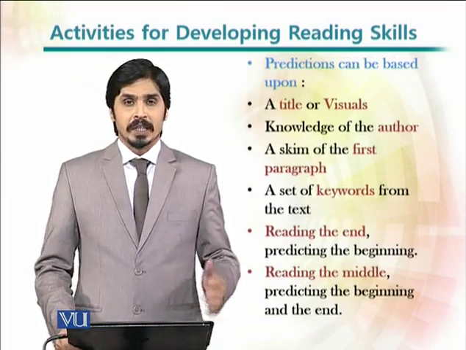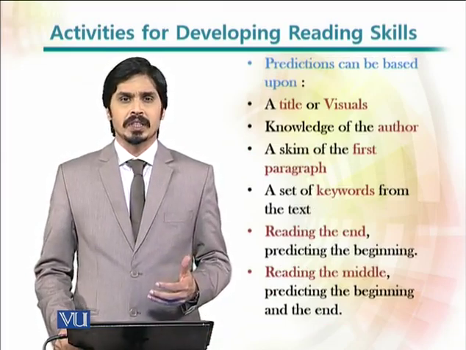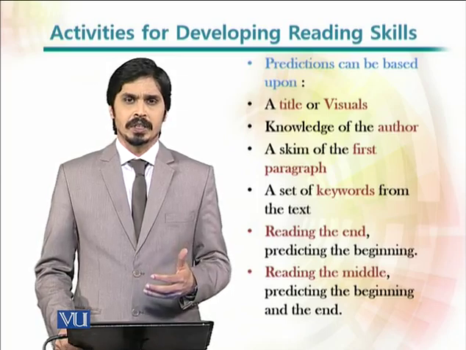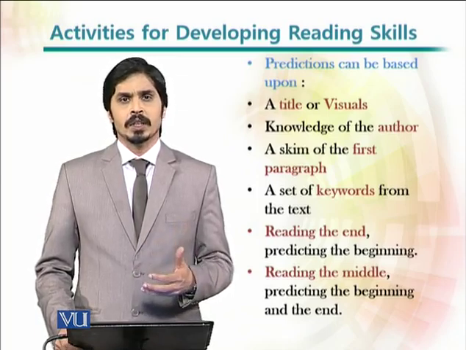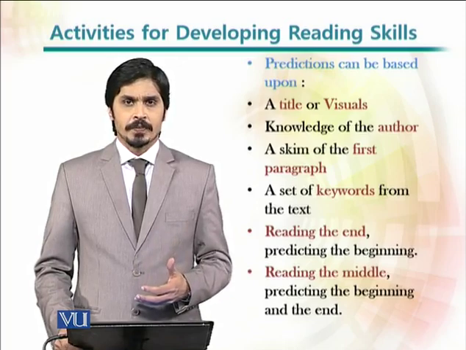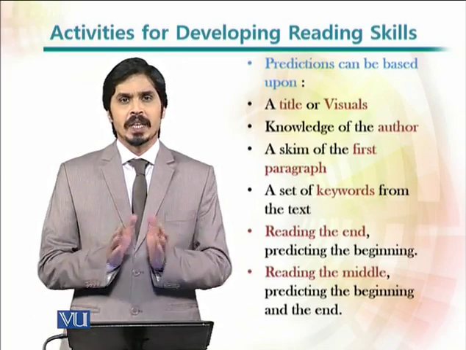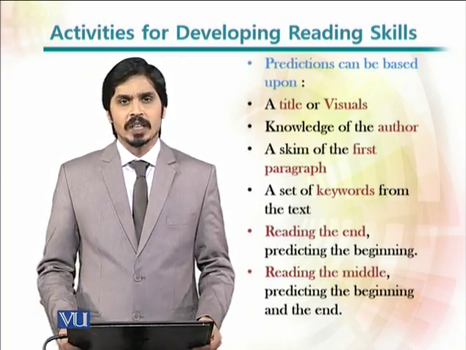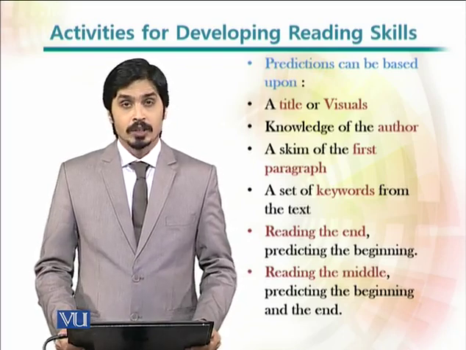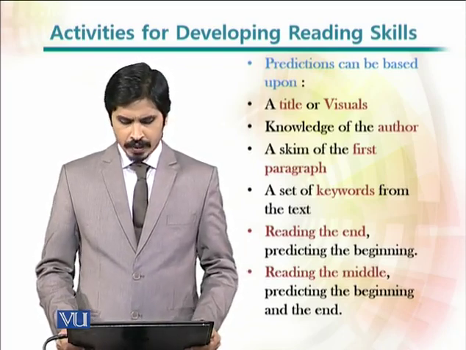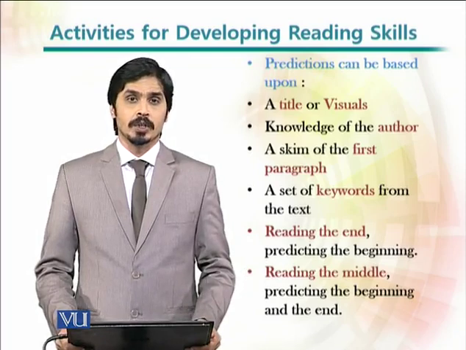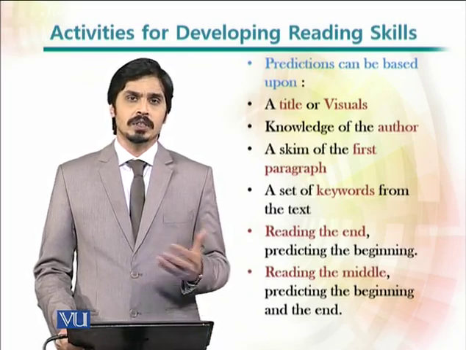There could be certain predictions made in these pre-reading activities, by looking at the text. Such predictions, as I said earlier, could be made by looking at the title or the visuals related to the text, by knowing about the author, his life history, or his other works.